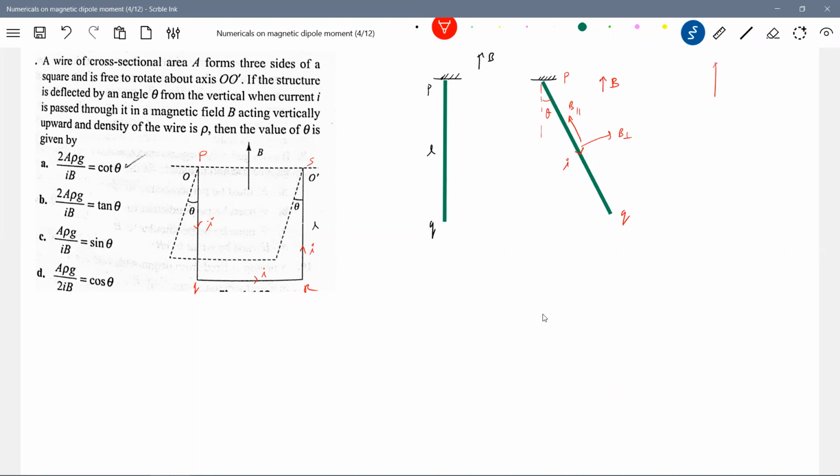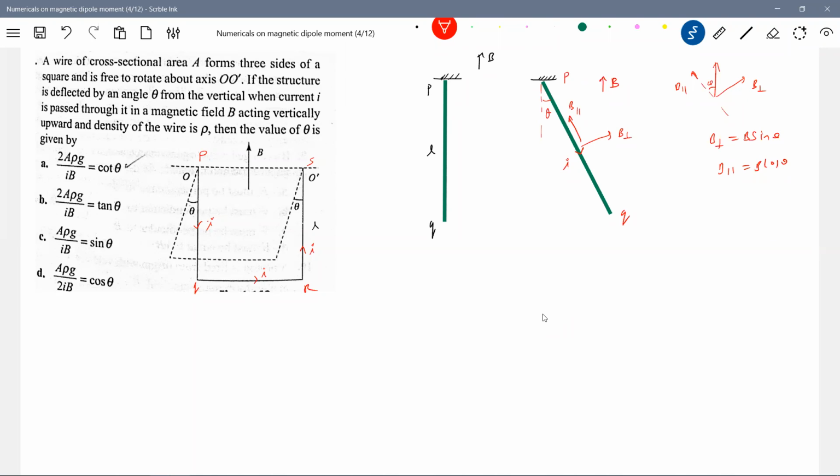Again, the angle theta, this will be the theta. So B perpendicular is equal to B sine theta, and B parallel is equal to B cos theta. Force due to B parallel will be 0. For B perpendicular, the force will come.